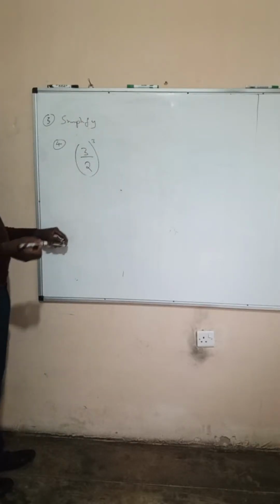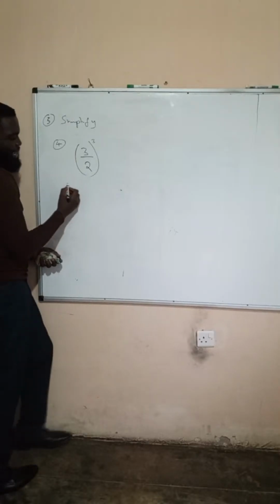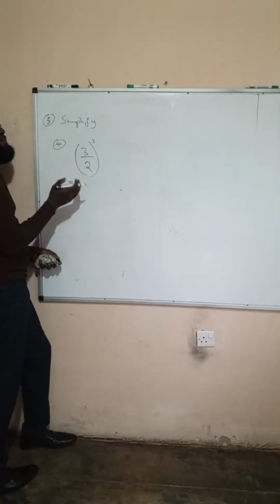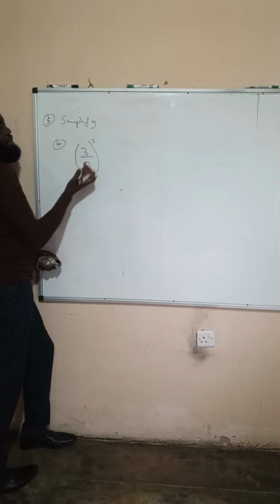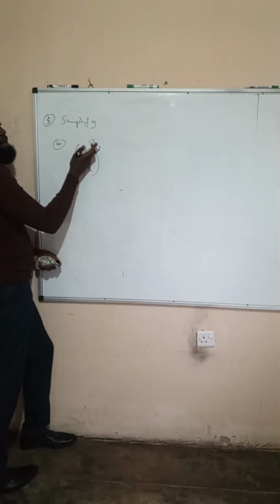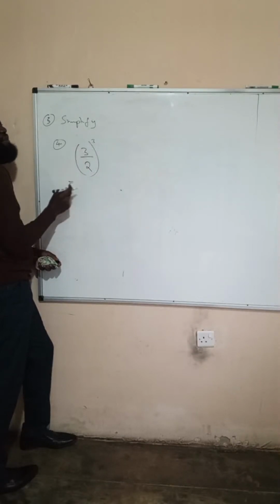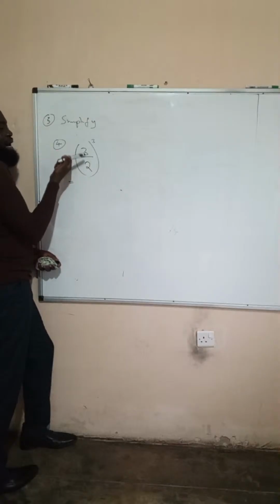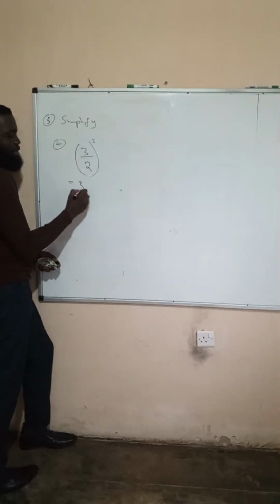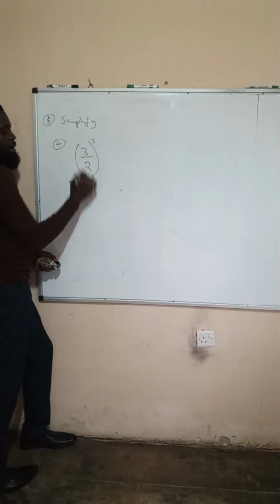What does this mean? I said any number which has got a fraction and is raised to a certain power, this power is given to the numerator and the denominator. So this means 3 to the power 3 over 2 to the power 3.